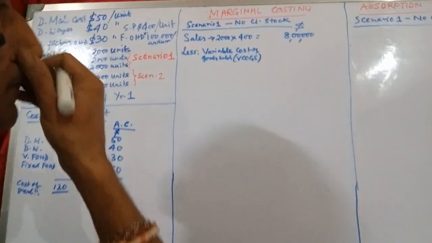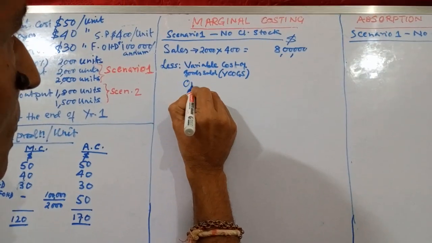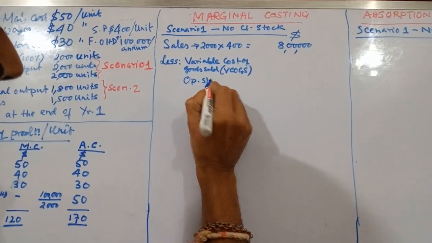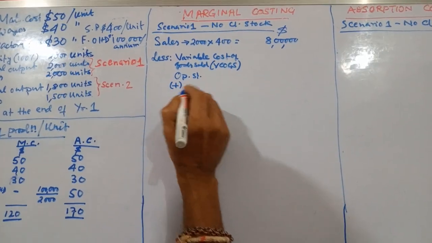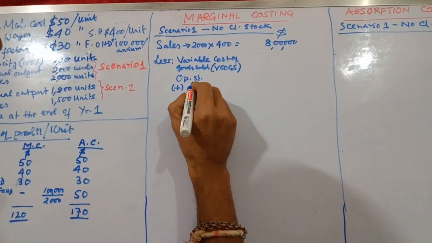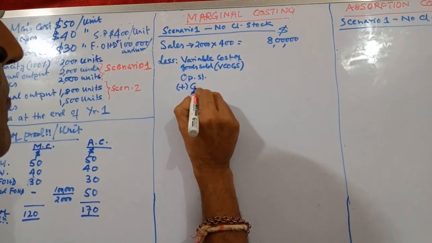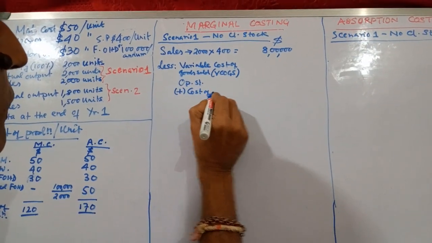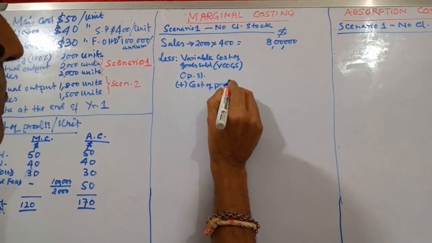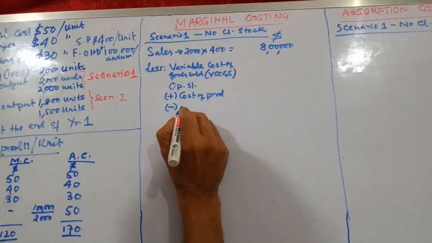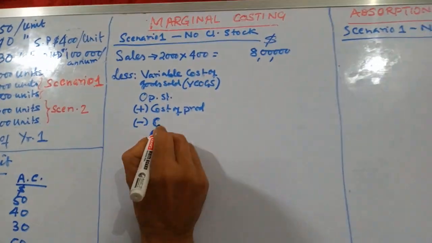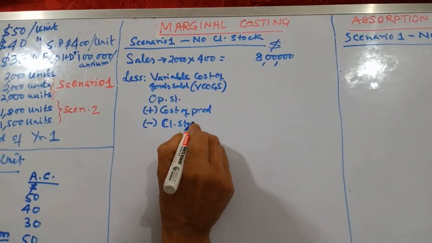What is that? Opening stock plus cost of production minus closing stock.